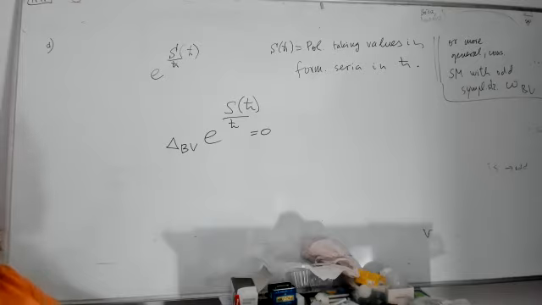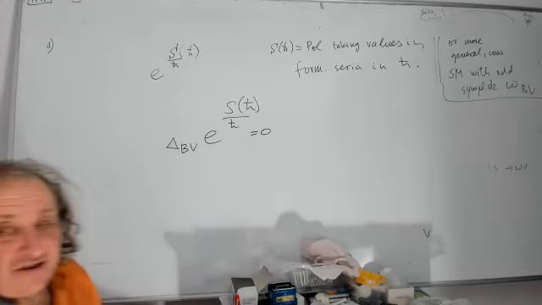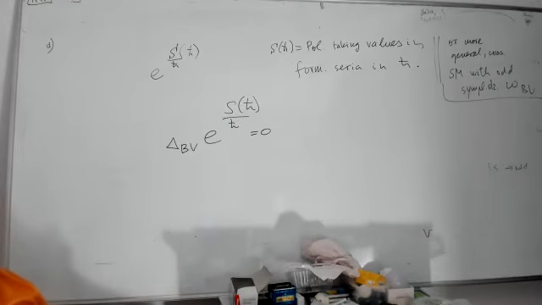By the way, this was what inspired Feynman to write down the functional integral. So the value of S at H equal to 0, not as a series, was known to be the action in mechanics.